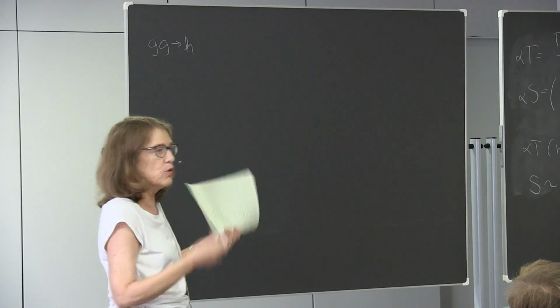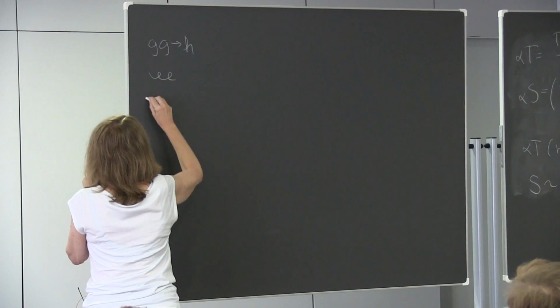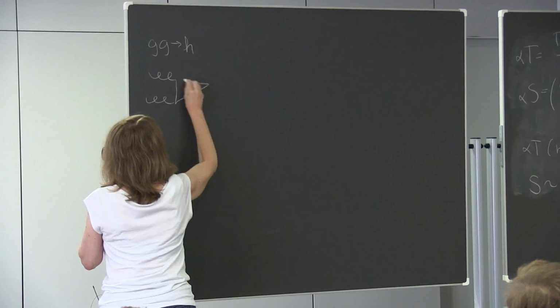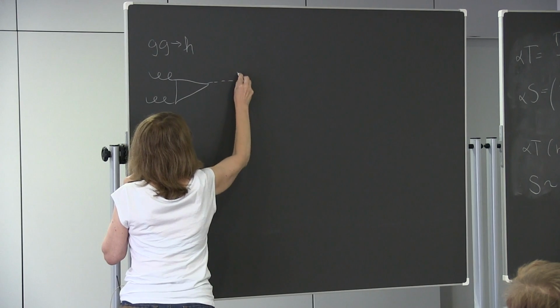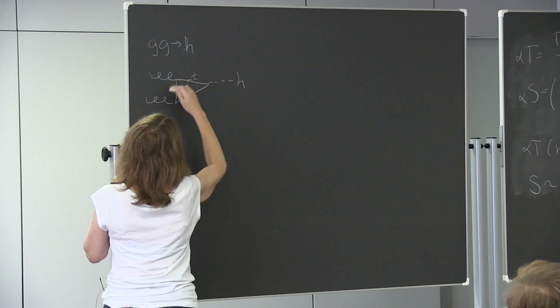So it's all gluon goes to H. And it comes from my favorite diagram, where this is a Higgs and this is a top quark.